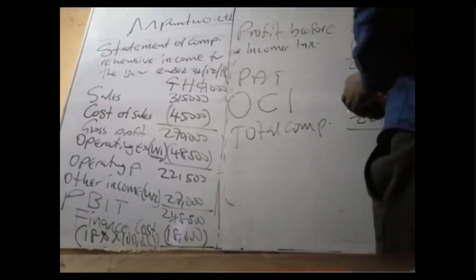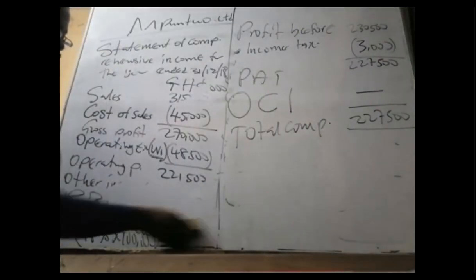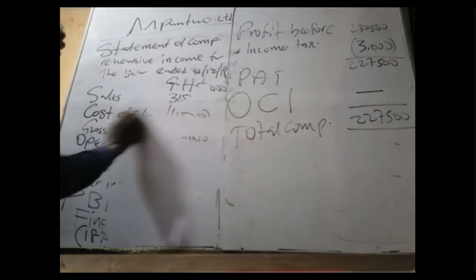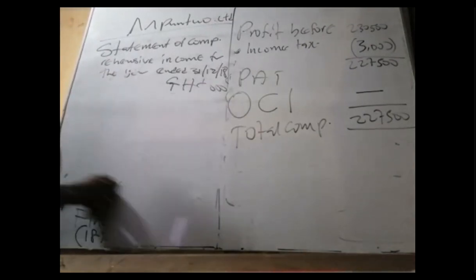Okay, so let's quickly look at the financial position. I'll start from here and then end at the other side of the board. I believe strongly that you have jotted some few points down.